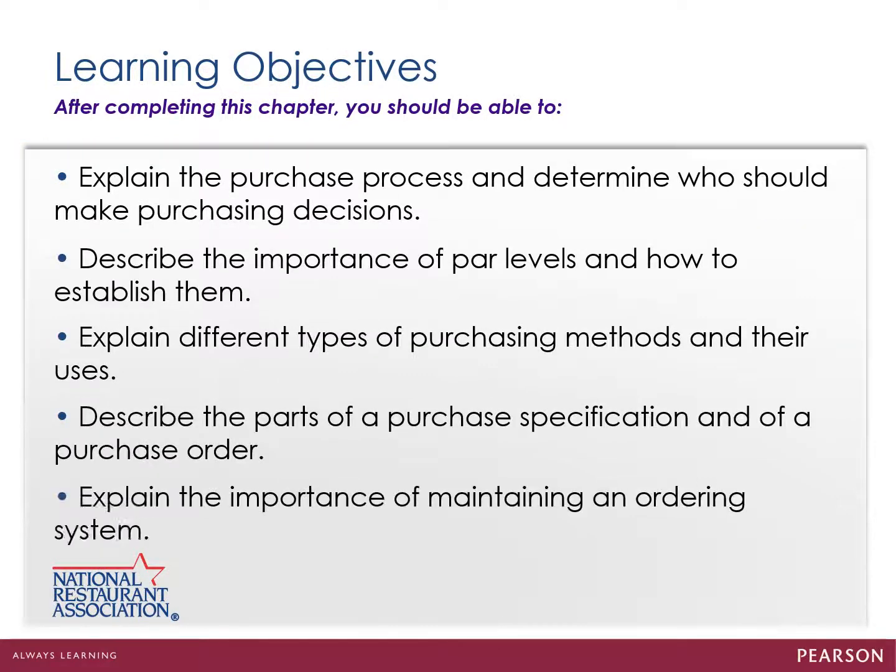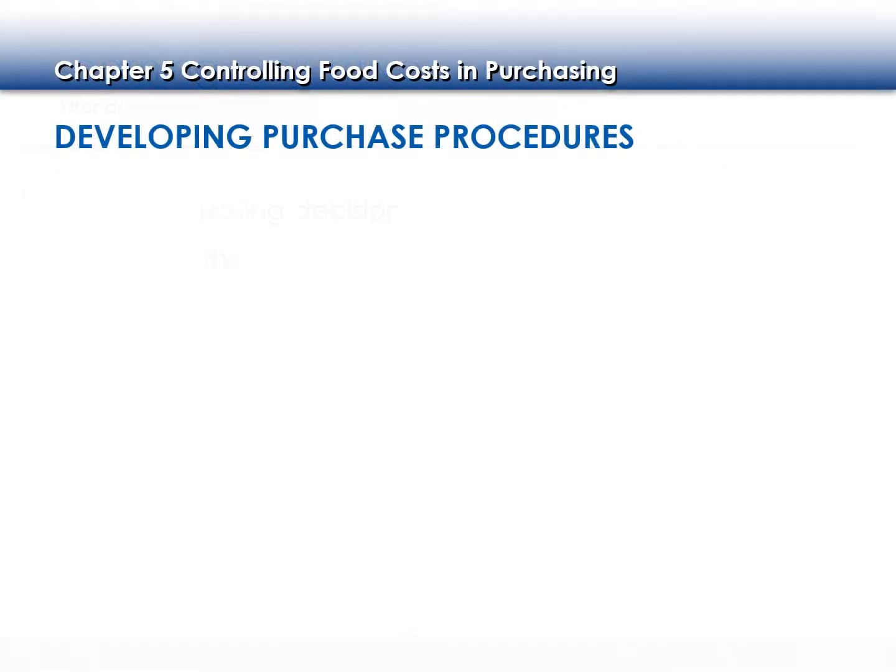So in the purchasing process, we have 4 different steps. We talked about it briefly at the end of last class. What are the 4 steps of the purchasing process? What's one of them? Purchasing, good.